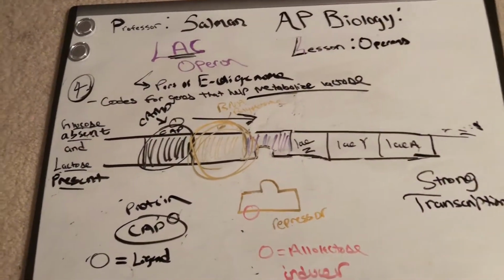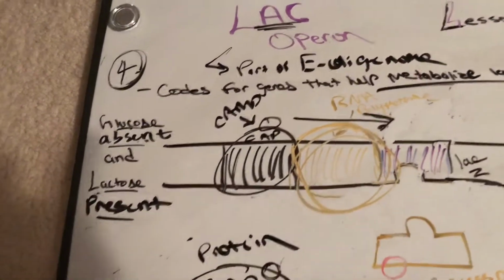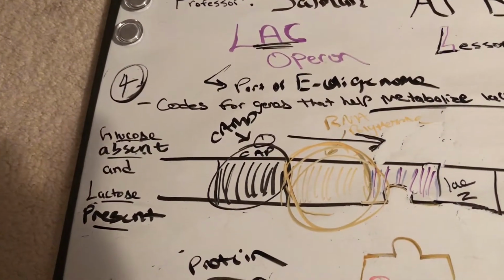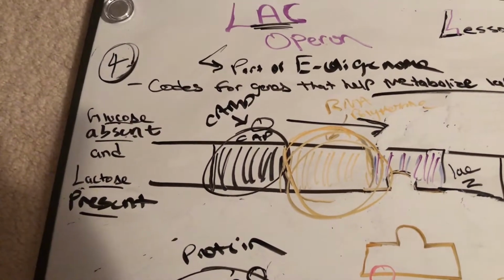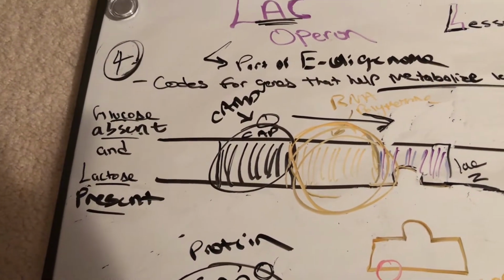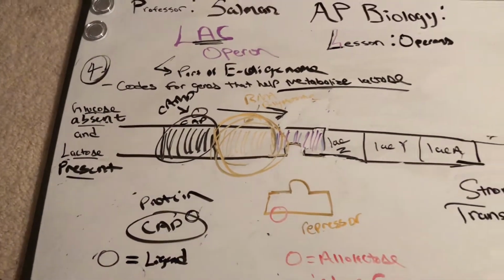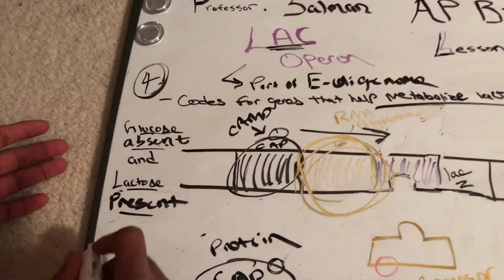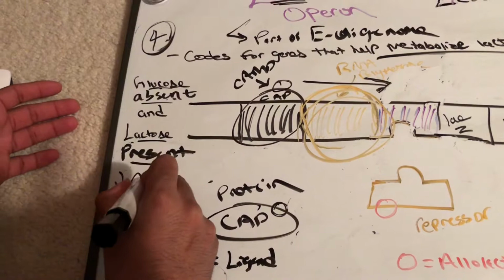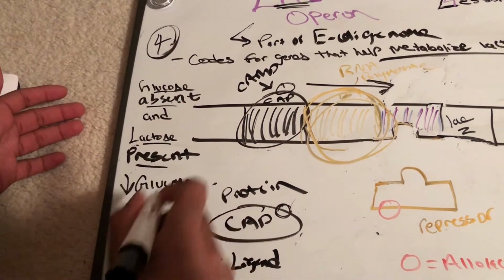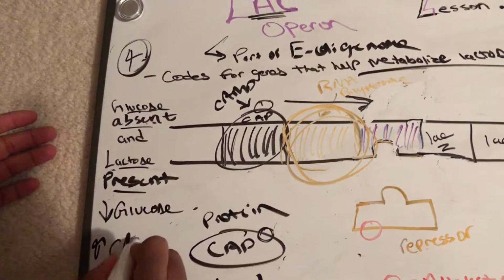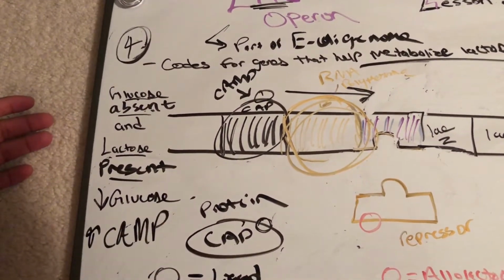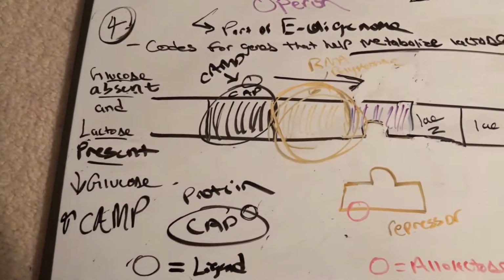Okay, so basically this is the fourth and last scenario with the lac operon. In this specific scenario, glucose is absent and lactose is present. So let's address the glucose being absent first. So decreased amount of glucose means an increased amount of your cAMP, cyclic AMP.